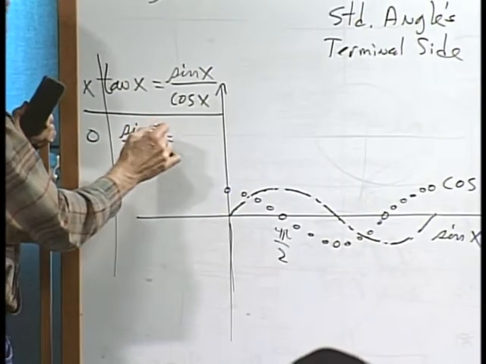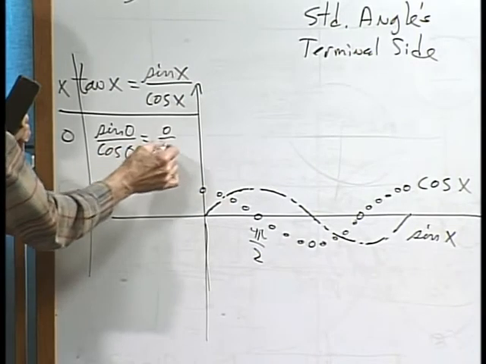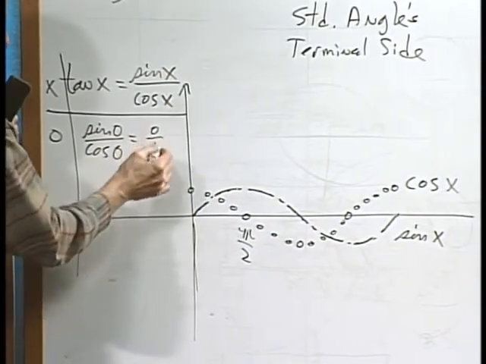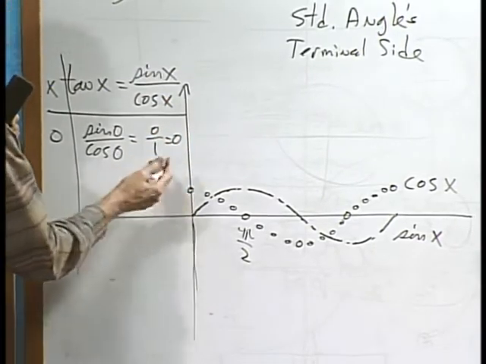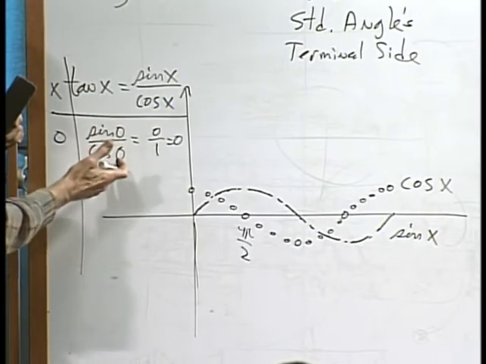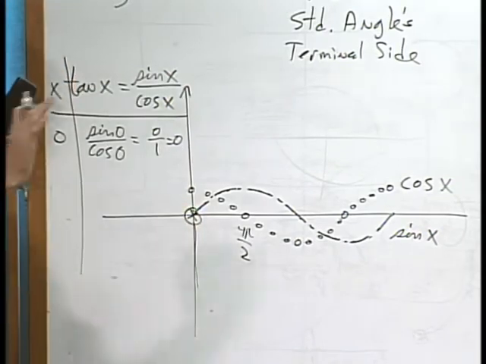The sine of 0 is 0. The cosine of 0 is 1, and 0 divided by 1 is 0. So the tangent at 0 radians is 0. So I'm going to now use an x to indicate that I plotted a point.